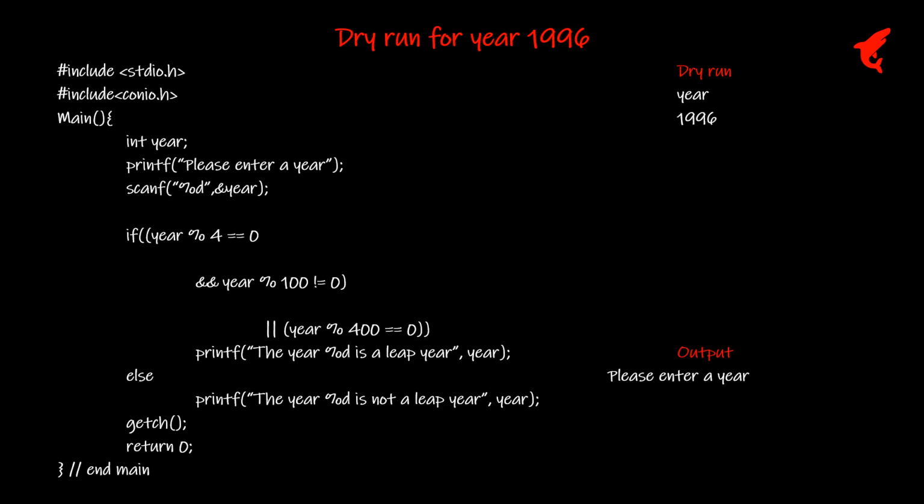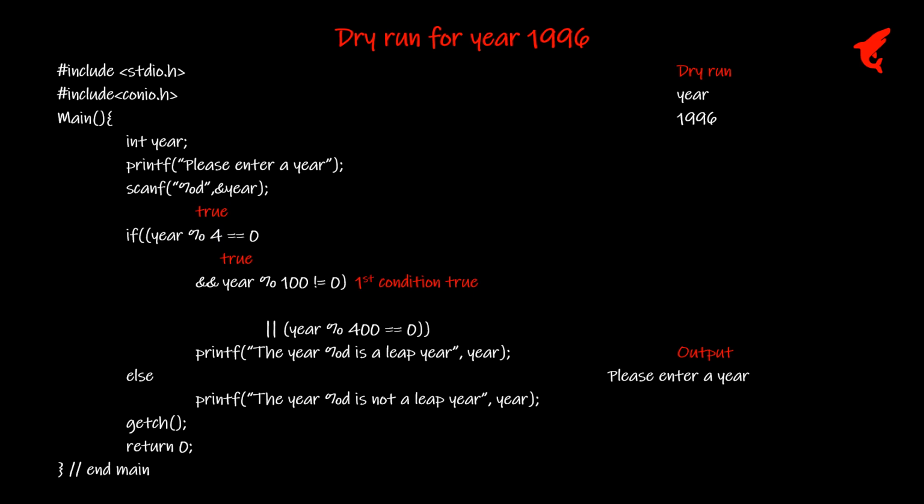In the first condition, 1996 is divisible by 4, so the first subcondition is true. Also 1996 is not divisible by 100 and so even the second subcondition is true. And so the first condition is true. This condition is followed by a short circuit OR operator, for which if the first part of the condition is true then it does not execute the second part of the condition.